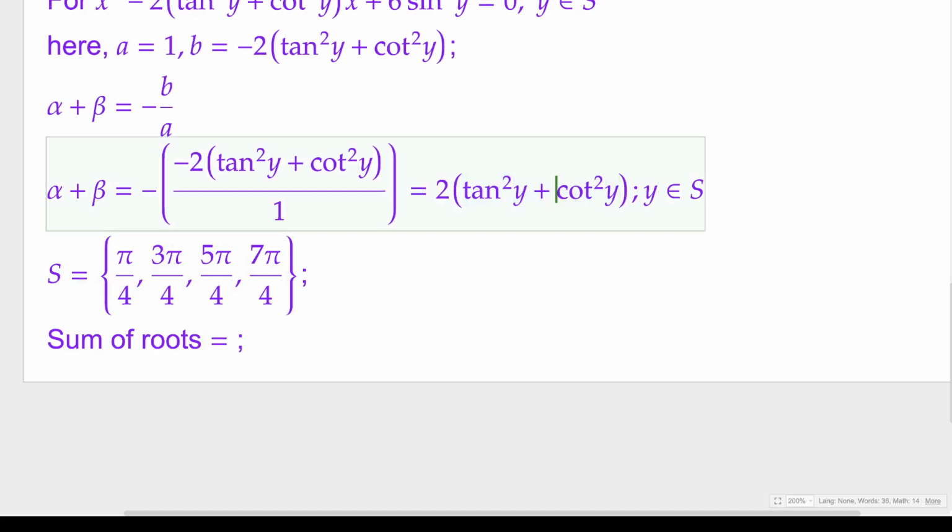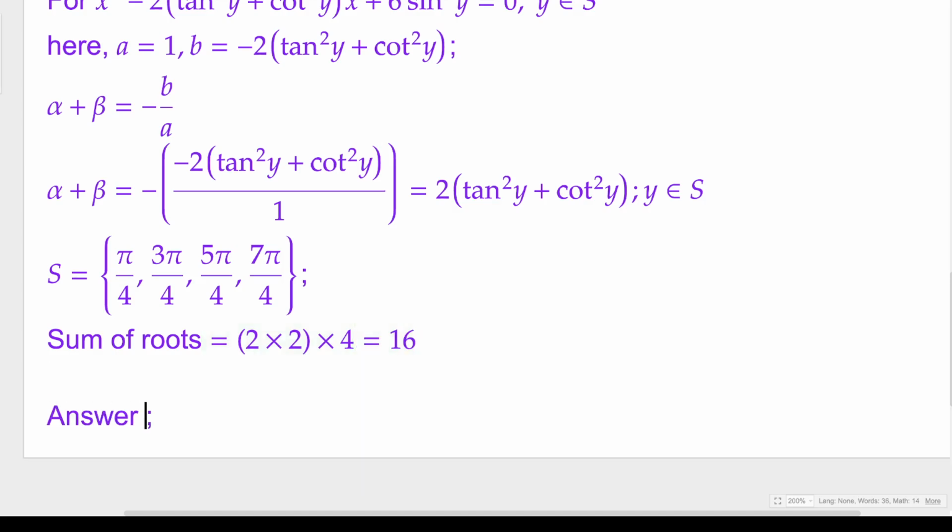Then next 3 pi over 4, 1 plus 1, 2. So this is nothing but 2 times 2. This is the first quantity, and this is occurring 4 times actually, for pi by 4, then for 3 pi by 4, then 5 pi over 4, and then for 7 pi over 4. So this finally becomes 16. So for this problem statement, the answer is integer 16. So that's the idea.